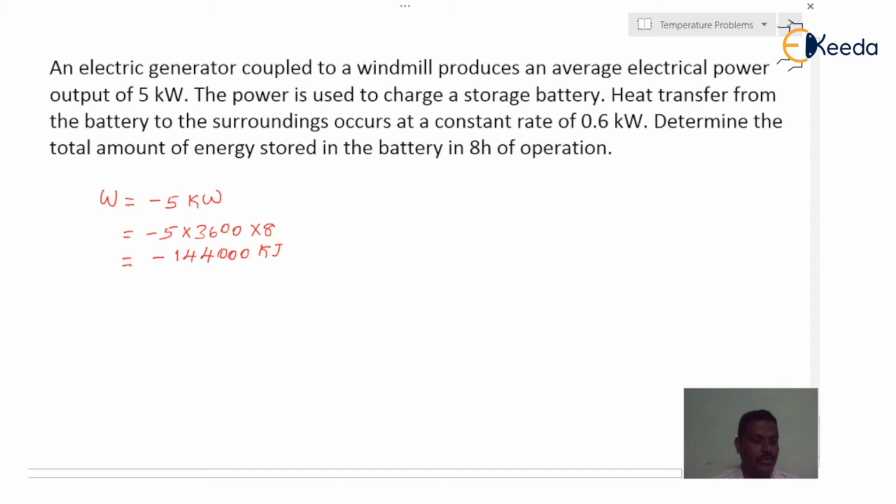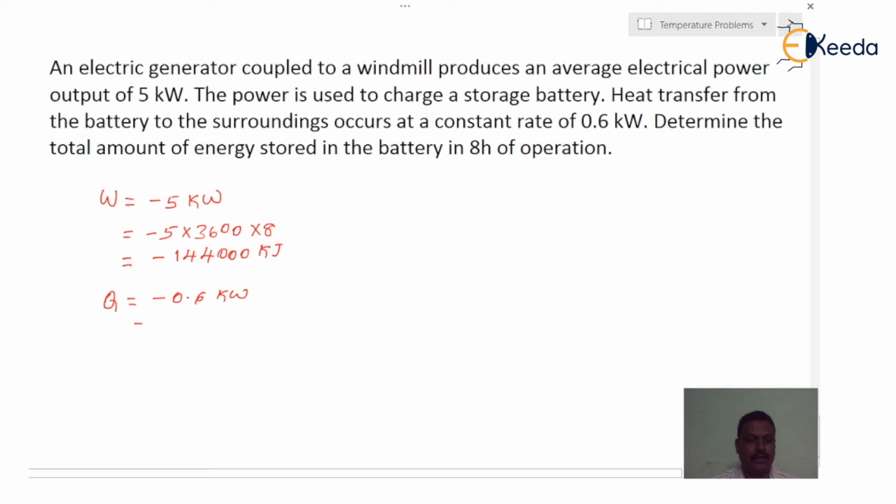So that is W. Then there will be heat leakage to the surroundings at a constant rate of 0.6 kilowatt. Heat is rejected from the battery system to the surroundings, so it is once again minus 0.6 kilowatt.